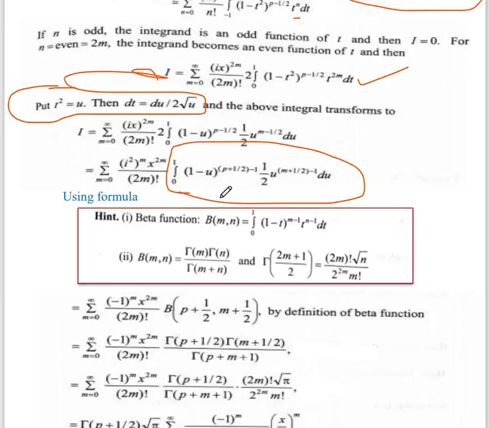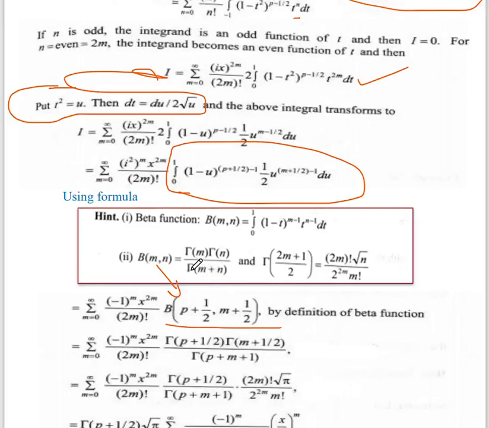Here we will apply the beta function, where m means p plus 1 by 2 and n means m plus 1 by 2, by using the beta function theorem.